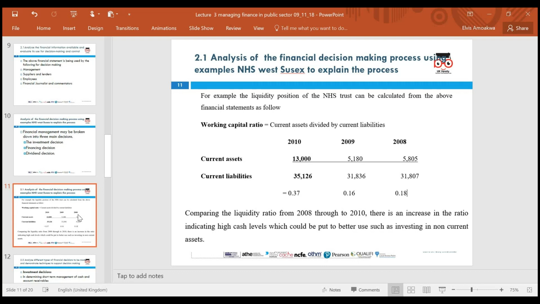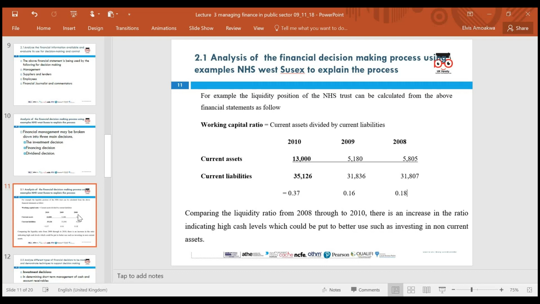So from 0.18, it came to 0.16, now it is 0.37, which means that the liquidity position of the organization is improving. So these are some of the ways that we can lay hands on the financial information of the organization, and then try to analyze.